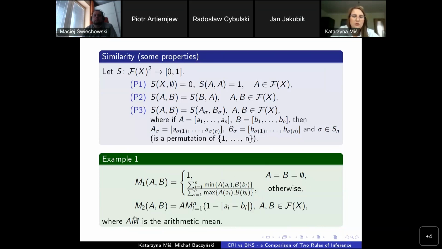And the M2 function is given by such a formula, where AM is the arithmetic mean. This is how we can compare two fuzzy sets which are given on the same universe. So A and B are fuzzy sets from the same universe.